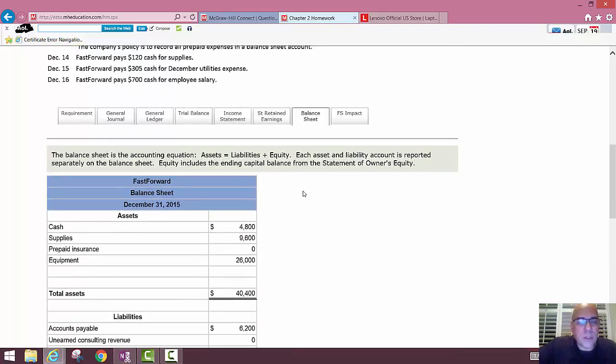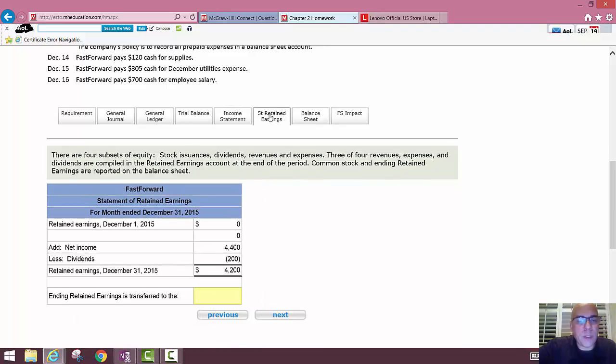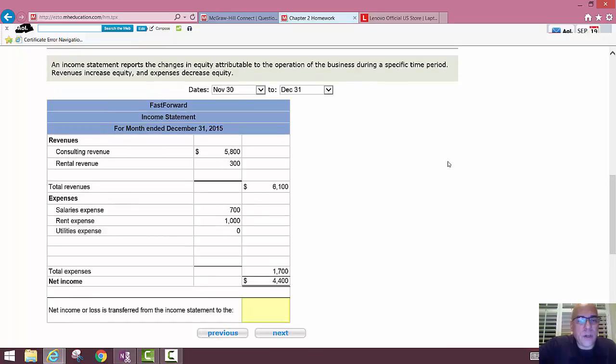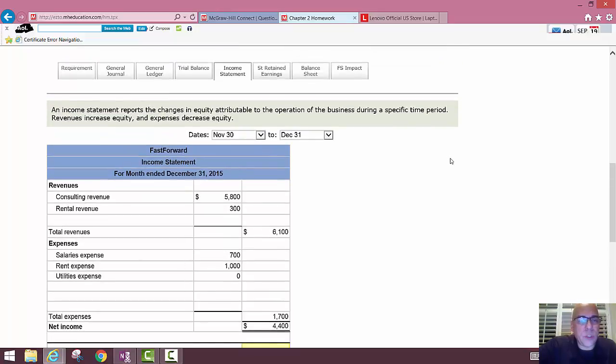Okay, so dividend has the bottom line effect of an expense on retained earnings, but we don't show it on the income statement. We show it as a subtract in our retained earnings on our statement of retained earnings. You see it there. It does not show up on the income statement, but it has the same effect on our retained earnings as an expense, in that it reduces our retained earnings because we're not retaining that earning anymore.